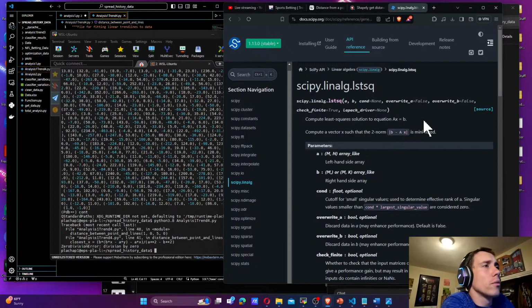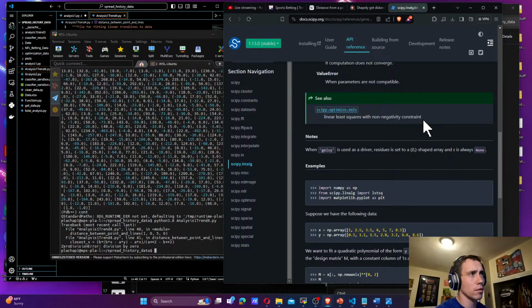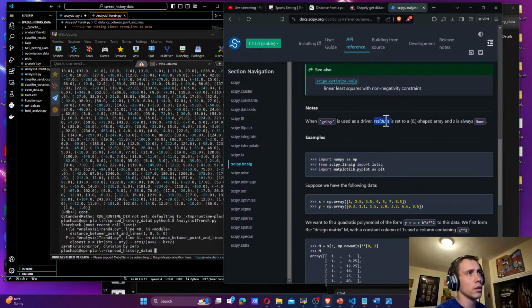Compute the least square solution. Left hand side array. Let's see, how does this work? Linear least squares with non-negativities constraint.